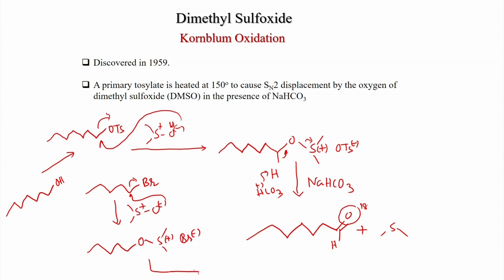And now, if you put sodium bicarbonate, here we have used pentyl bromide. So, if you use sodium bicarbonate, then you get the elimination of DMS, and you get the aldehyde. One drawback of this reaction was that high temperature.